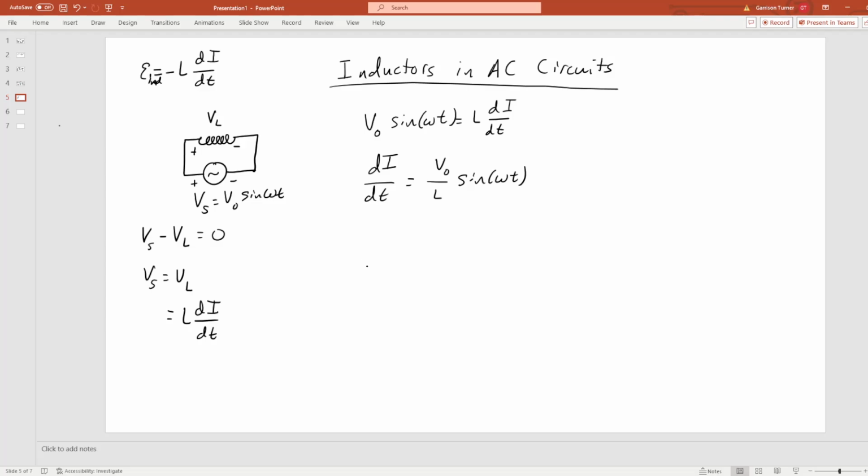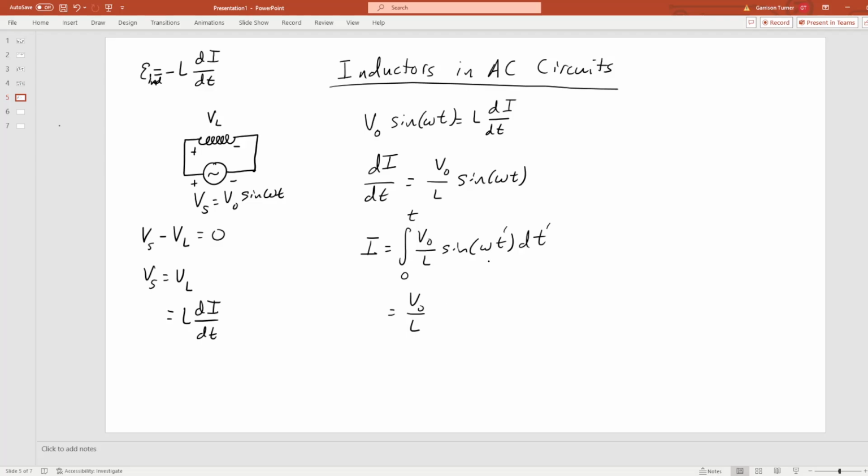I'll take this integral and I'll go from 0 to some generic time. So I'll slap primes on the integration variables here. And V naught over L is constant.